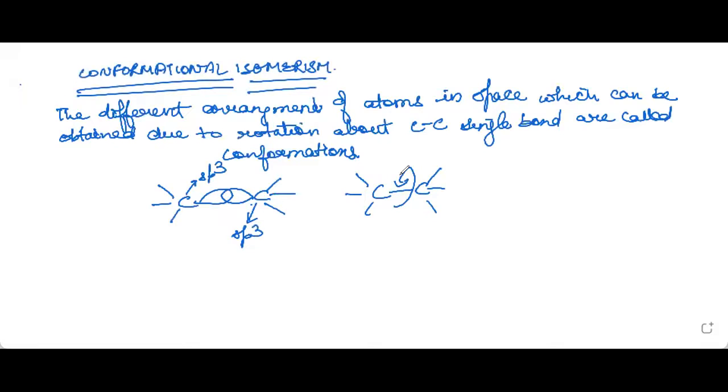There is some energy barrier, because for rotation also we need some energy, and that energy barrier is 1 to 20 kilojoule per mole, depending upon the nature of the molecule. It is a very small barrier and it can be overcome at ordinary temperatures. So this is the reason why rotation across a carbon-carbon single bond is free. It is not completely free, an energy barrier is there.